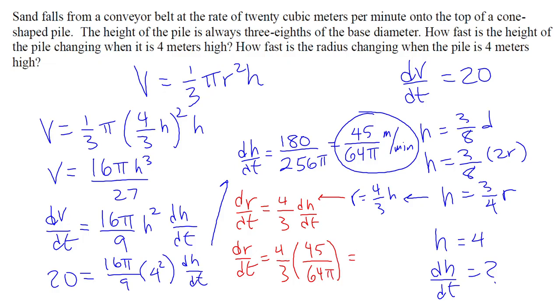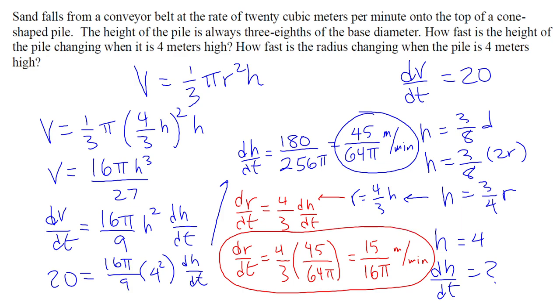We can reduce the 45 over 3 to a 15, and the 4 over the 64 to a 16 in the denominator. So we've got 15 over 16 pi meters per minute. So you don't need to reinvent the whole wheel there. Just use this nice little relationship you have between h and r to find the rate of change of the radius once you have the rate of change of the height.